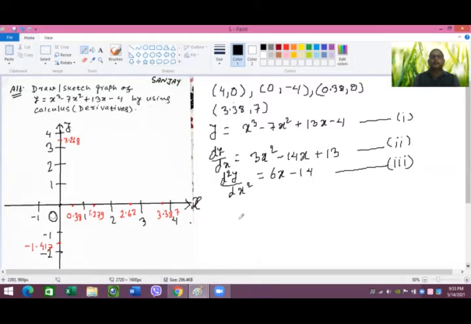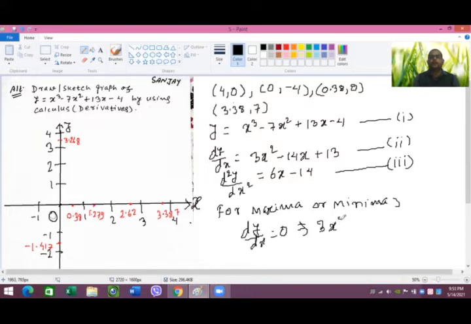So now you know that for maxima or minima, dy by dx must be 0. That means you can see from equation 2, dy/dx is 3x squared minus 14x plus 13 equals 0.